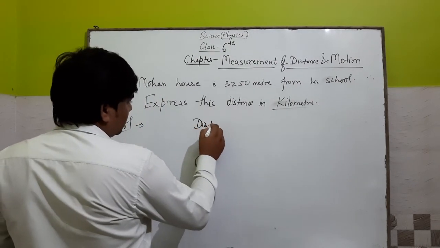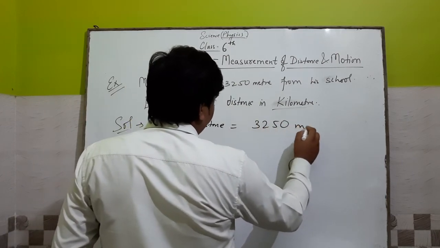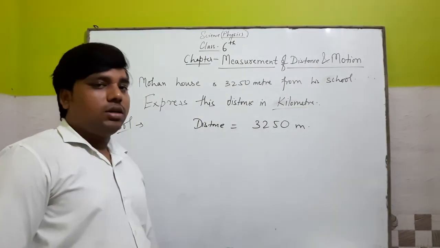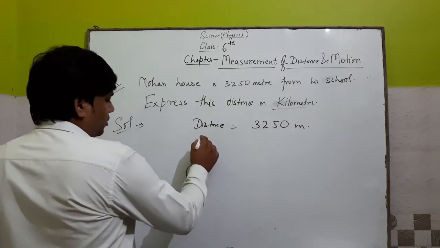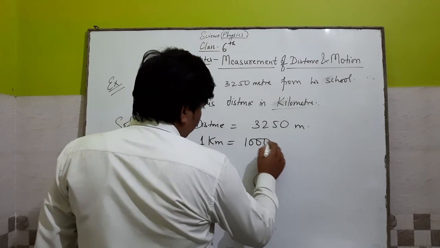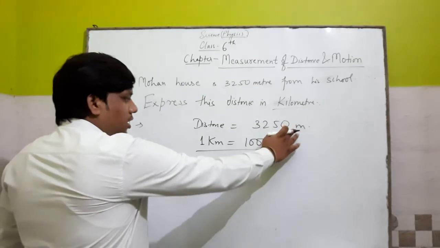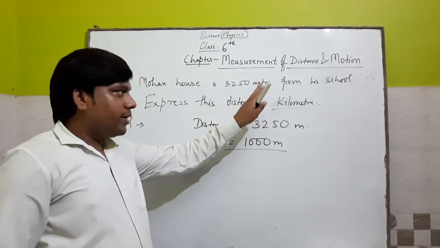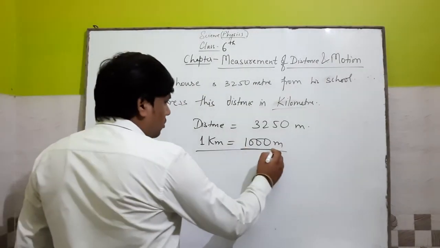Distance is equal to 3250 meter. Now this distance we have to convert into kilometer. And we know that 1 kilometer is equal to 1000 meter. This is the relation between kilometer and meter. Meter is the smaller unit and kilometer is the bigger unit. We have to convert smaller into bigger, means we have to divide by 1000.